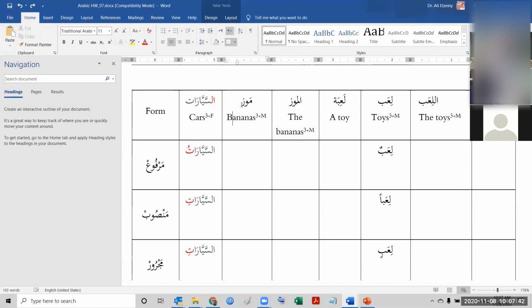If it were a regular male plural, it should end with waw, noon. But this one does not end with waw, noon. So it is an irregular plural, to be treated exactly like a singular.